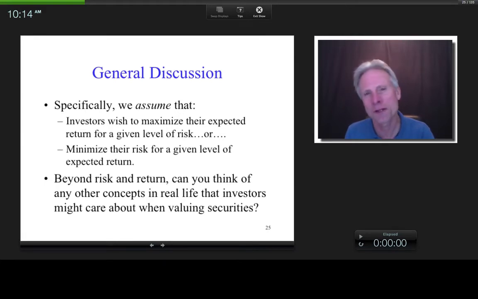Well, some of you might say things like, what about inflation? Well, is inflation going to impact returns? And to the extent that it's unexpected, it might, right? And you could probably come up with a few other things. But what I'm thinking of is something that's basically called, in finance, degree of utility or degree of satisfaction.